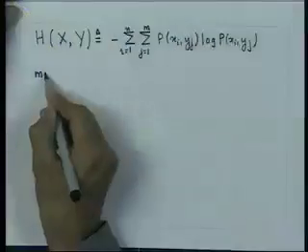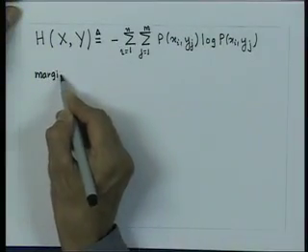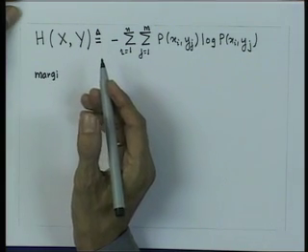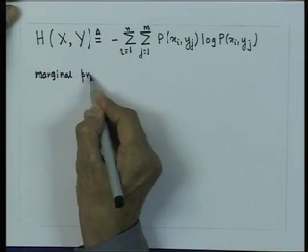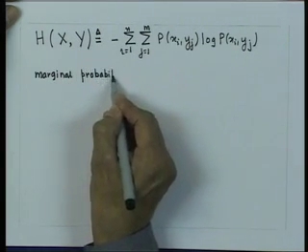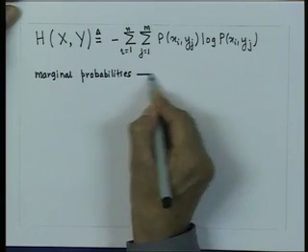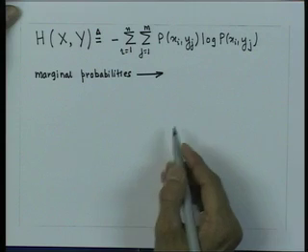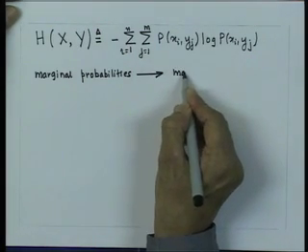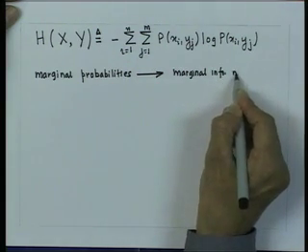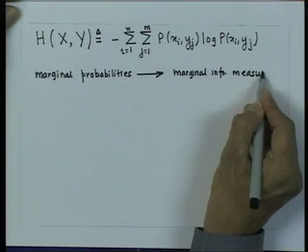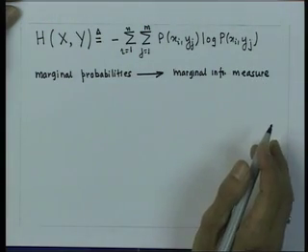So, we have seen that if I have marginal probabilities, or just simple first order probabilities or unconditional probabilities, then with marginal probabilities we had associated an information measure, and that was marginal information measure, that is equivalent to the self information which we had defined earlier.